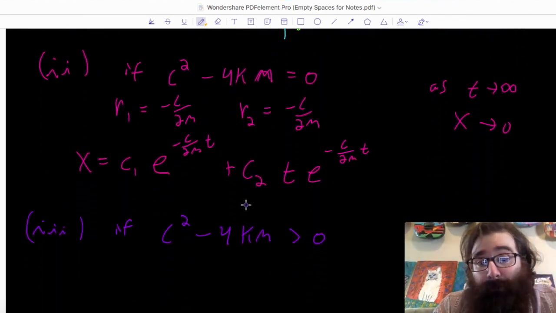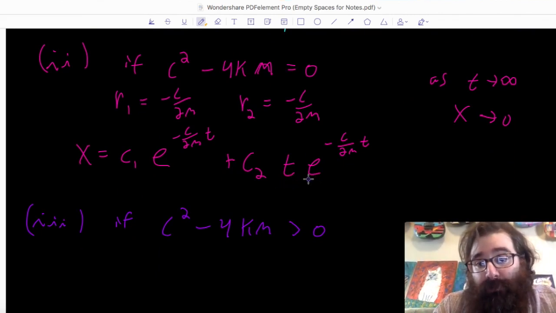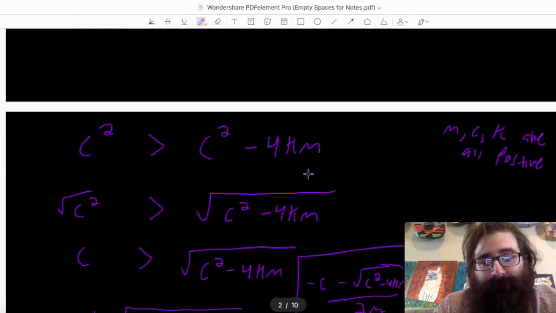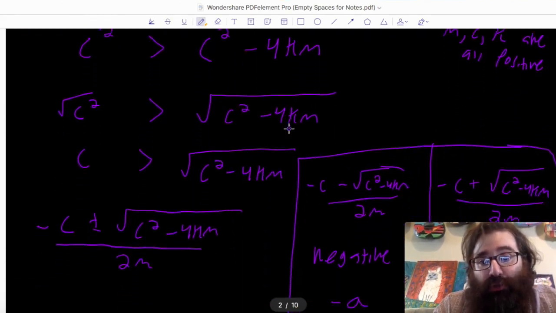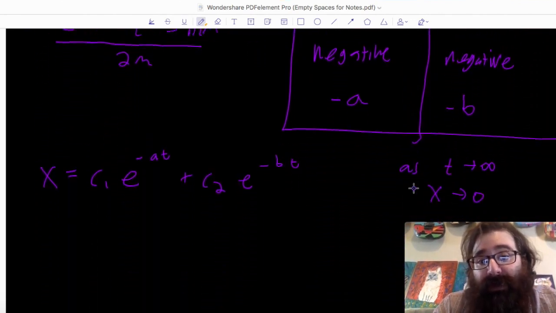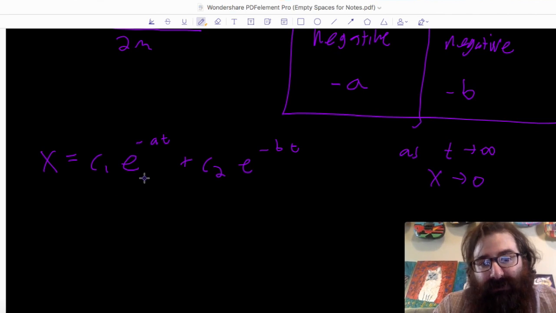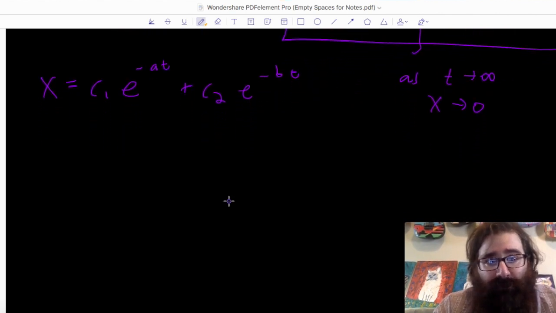In the case of repeated roots, where we have critical damping, this is going to head to 0 as well, and I can use L'Hopital's rule to show that in its entirety. And if I have the case where the stuff under the square root is positive, giving me two distinct real roots, I should be able to show that both of those roots are going to be negative. So in this case, I just have some decaying exponential functions, and that's going to go to 0 as well as t goes to infinity.